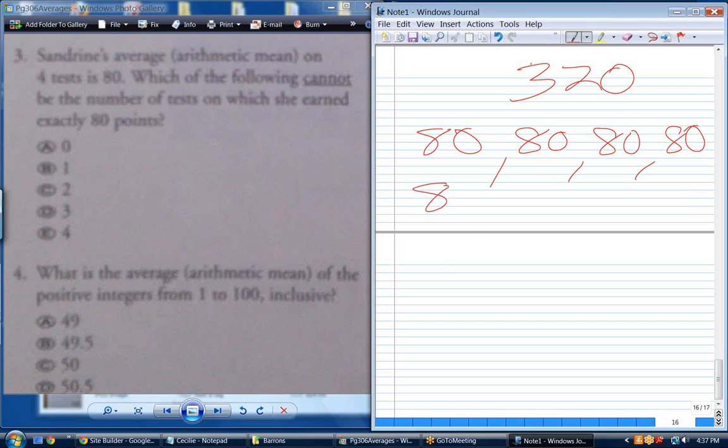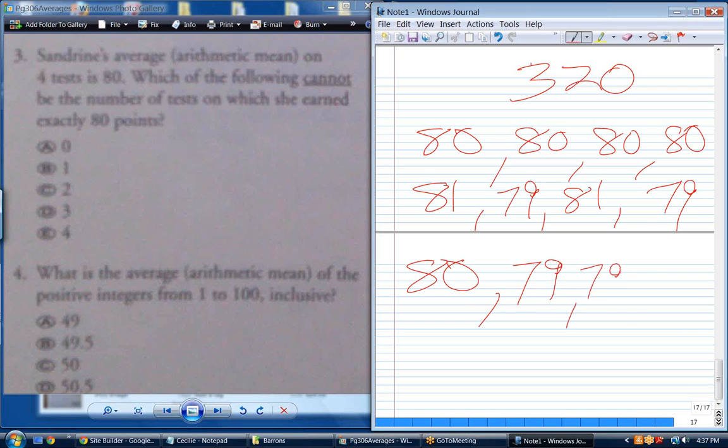Yes, I mean, you could still get 320 and have 0. Can it be 1? Yes, I could do a 79, a 79, and an 82. And the extra 2 over here makes up for the extra 1s there, so that works. Can it be 2?